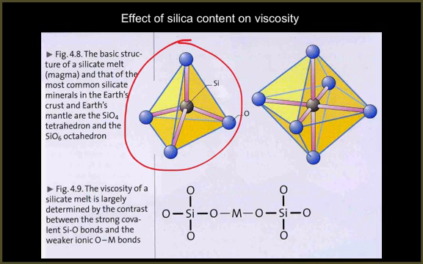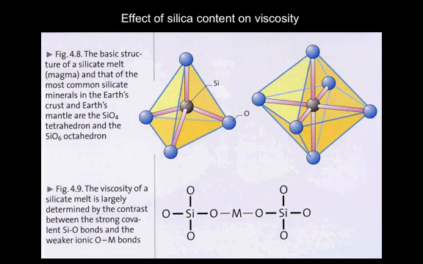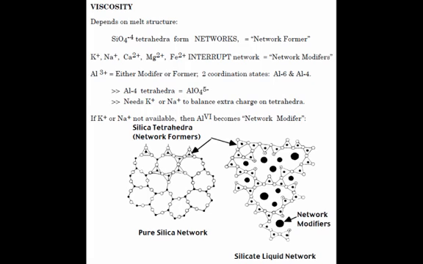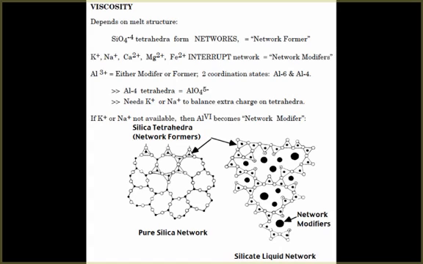There are other components in lavas that include the major elements that bond with the silica tetrahedra or fill spaces between silica tetrahedra. Those have the effect of reducing viscosity, but let's just have a look at the next diagram that goes into a little more detail. We don't need to read all of this, but the reason I have this here is because if you look at just a pure silica network, we have a network of, let's say, quartz.